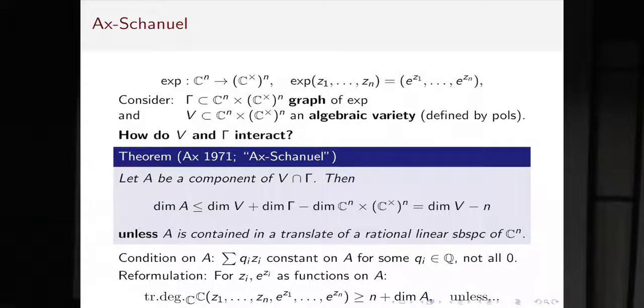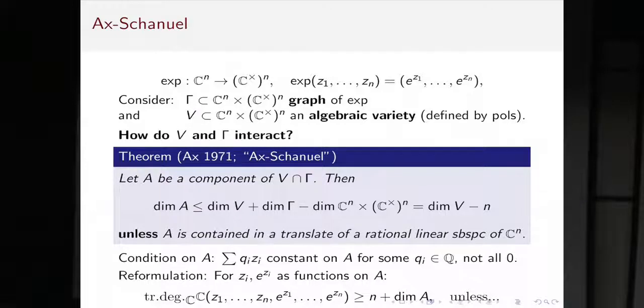So what does the theorem say? It says that if you look at the intersection of V and gamma, and you take a component A of that, then you have this dimension inequality, and this inequality says that the component never has more than the typical or expected dimension. If you rearrange this, the codimension of A in this ambient space is at least the codimension of V plus the codimension of gamma.